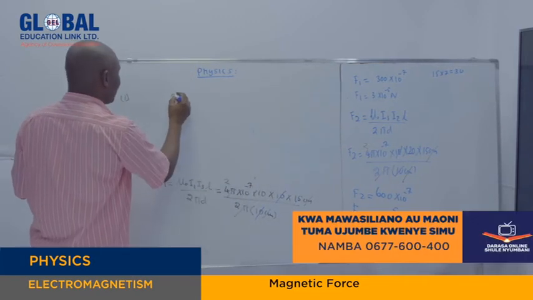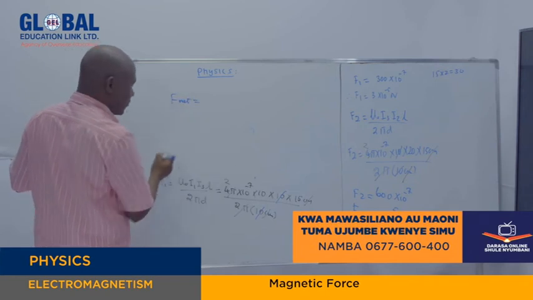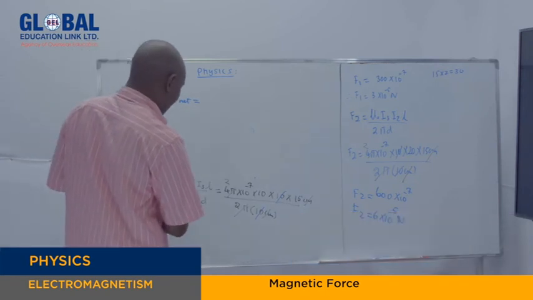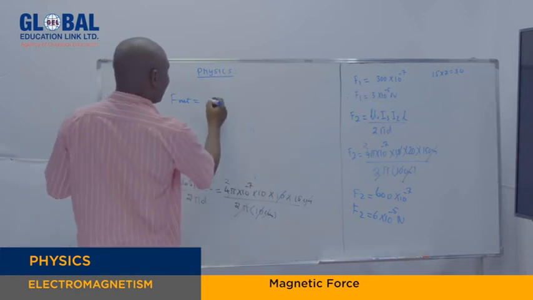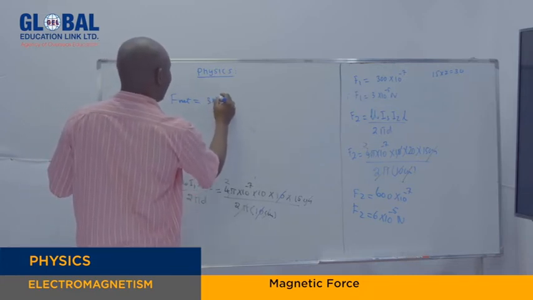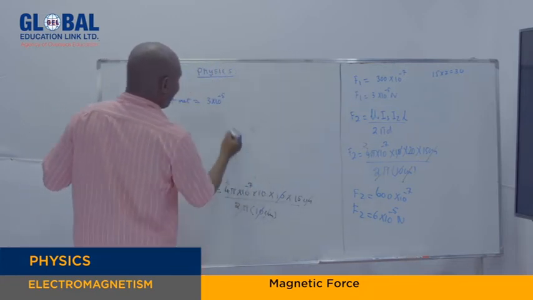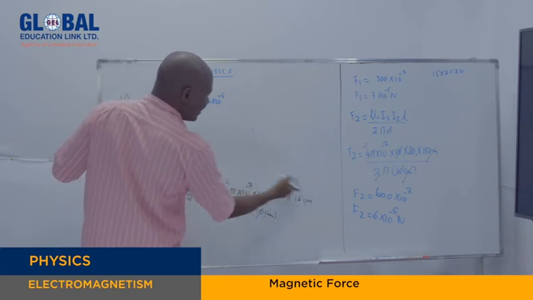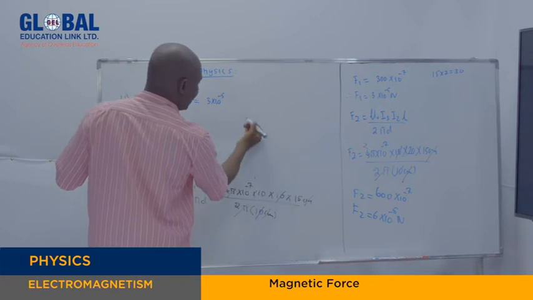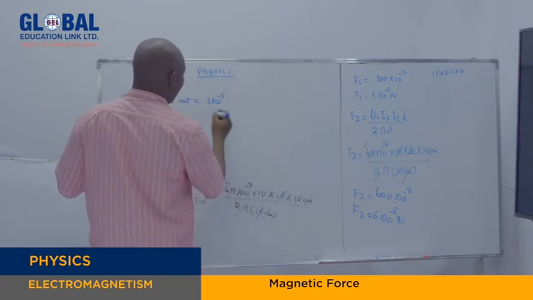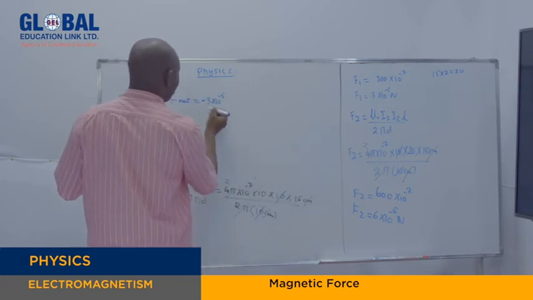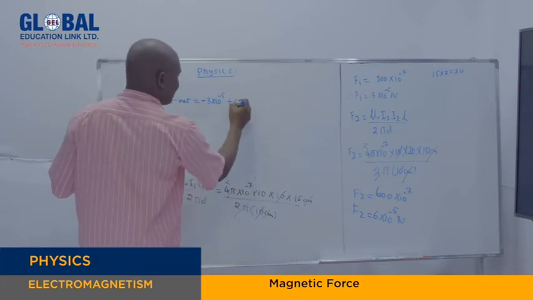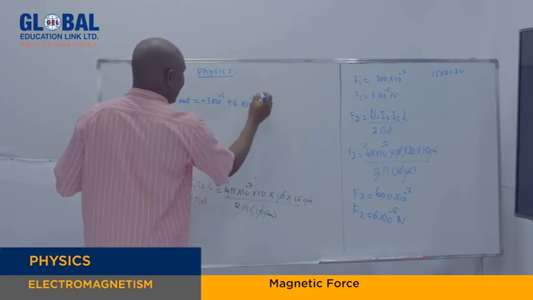So the net force equals, our first value was 3 times 10 power negative 5. And you can see one is pointing in the other direction. And this will be 600, which is now pointing to the right. So we choose this will be negative now, since it's moving to the other side, this is 6 times 10 negative 5.